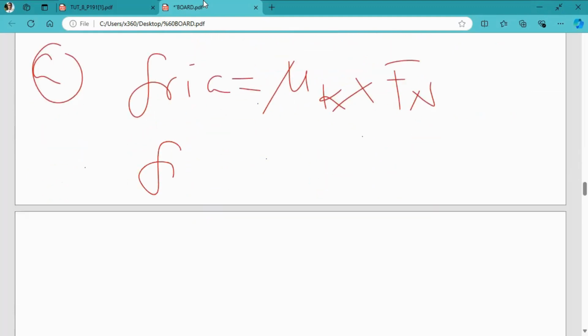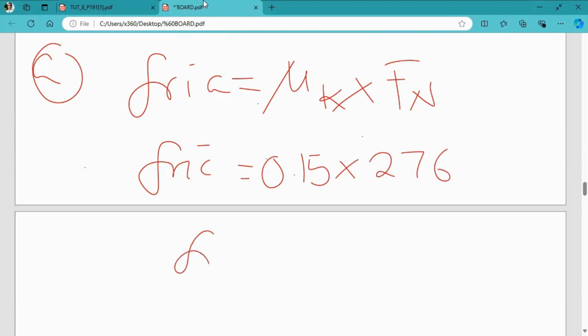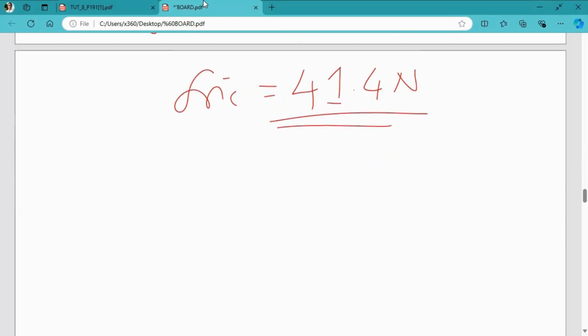So friction will be equal to, they already gave us the coefficient of kinetic friction in this case, so it's 0.15 multiplied by the normal force, which we calculated to be 276. And this is going to give us a frictional force which is equal to 41.4 Newton. So that is the frictional force.